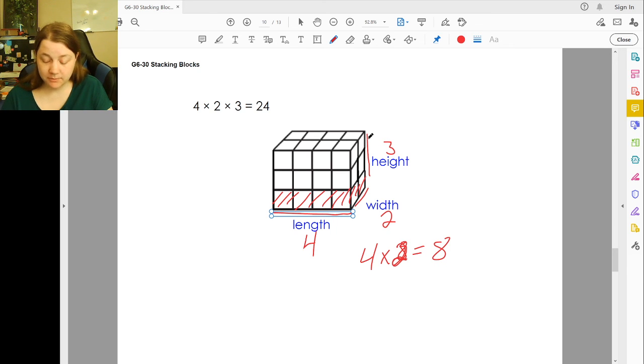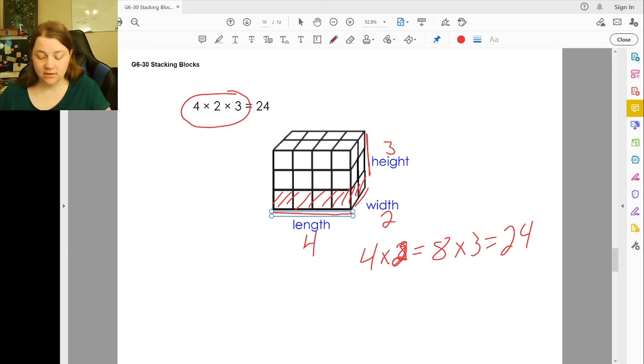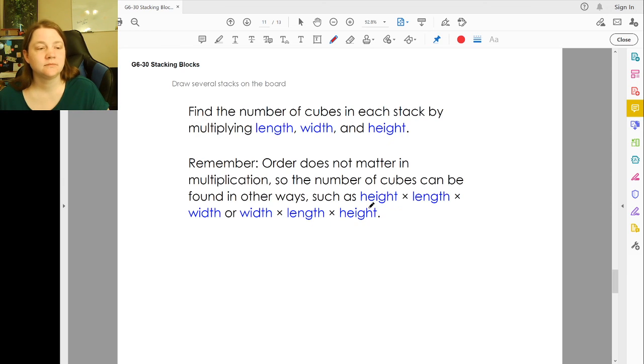Then we're going to multiply that times the height, which is 24. You can also just take the length times the width times the height and be done. That's how you figure out how many cubes are in a full stack. Length times width times height.